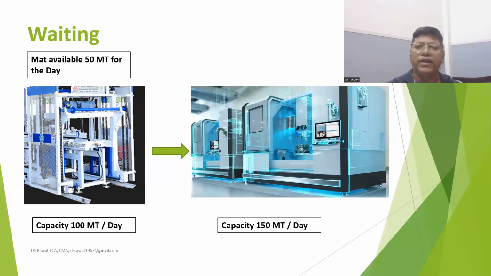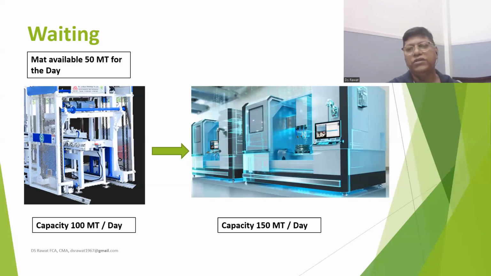Another example of waiting is when the material available in the store is only 50 metric ton and the first machine capacity is 100 metric ton per day. Material is not available in the store, so it cannot run. So it is waiting for the material. This is also a waste, because 50% capacity is lost due to no material.